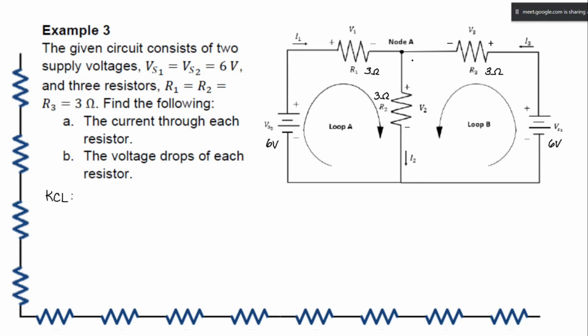Other than node A, meron pa po ba tayong nodes? Meron pa po itong node na dito sa may baba. But this can be neglected because this node na po is connected directly to the ground. Bakit ko po nasabi? Kung mapapansin po natin, connected po both yung kabilang wires sa negative polarity ng mga batteries po natin.